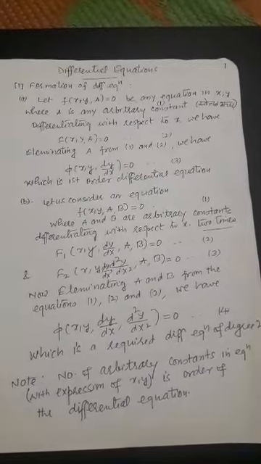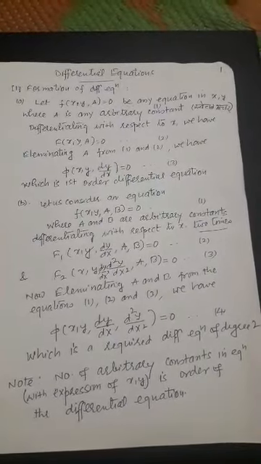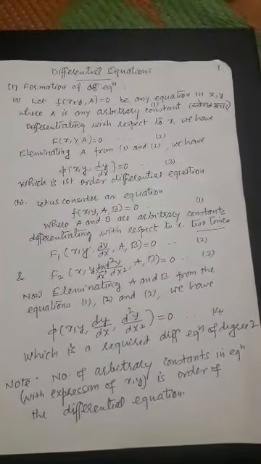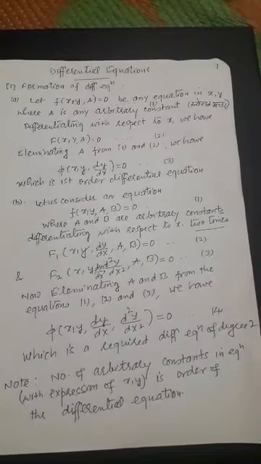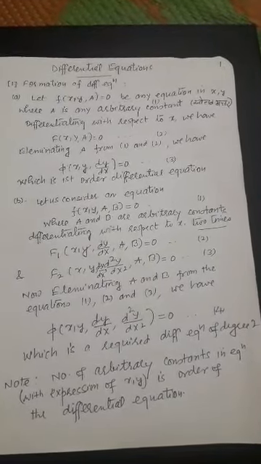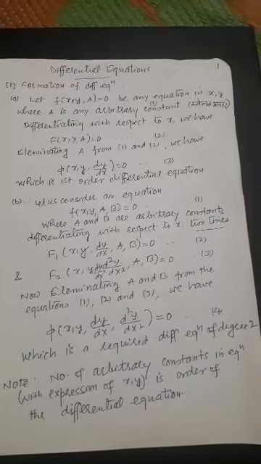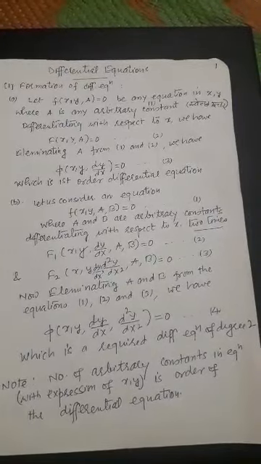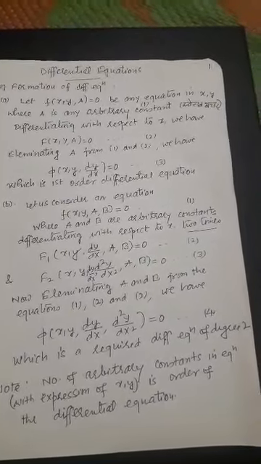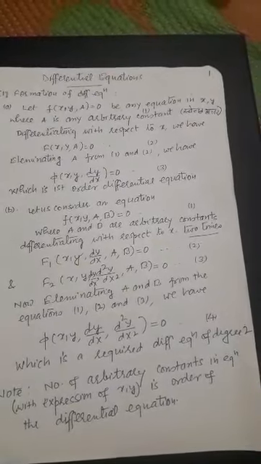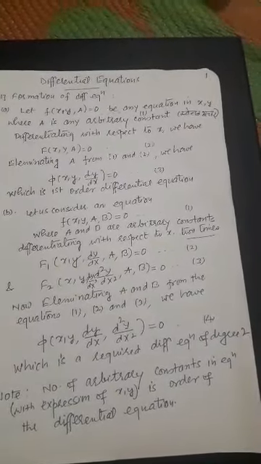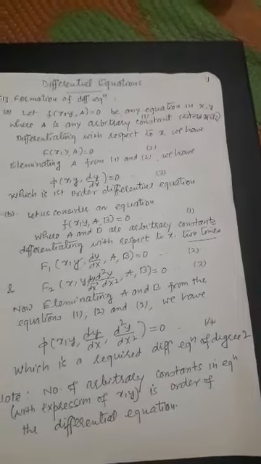So we have a relation in x, y, and dy by dx, which can be written phi of x, y, dy by dx equal to 0. This is the differential equation of the given equation.